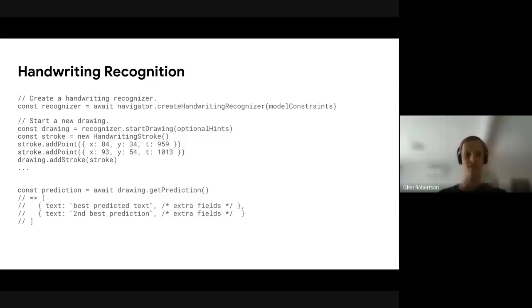One of the things I didn't put on this slide is there's also a way of querying the recognizer. So you can essentially ask it, do you support, say, Chinese text? And get a response there. So you at least can know from a web developer perspective. But it's totally possible that some platforms just won't support certain features.